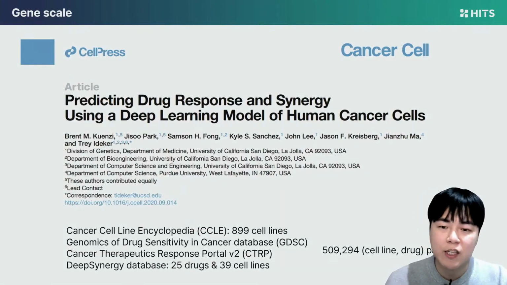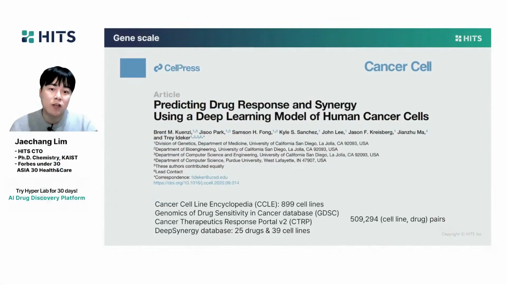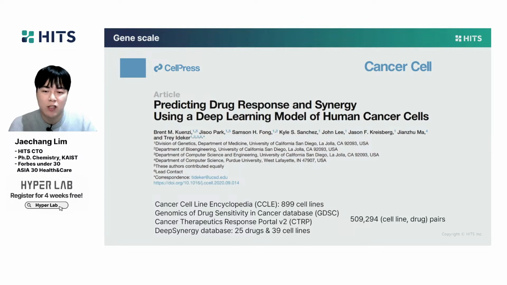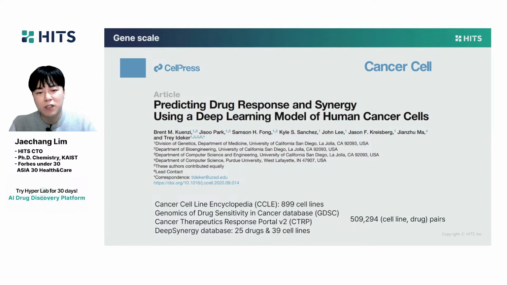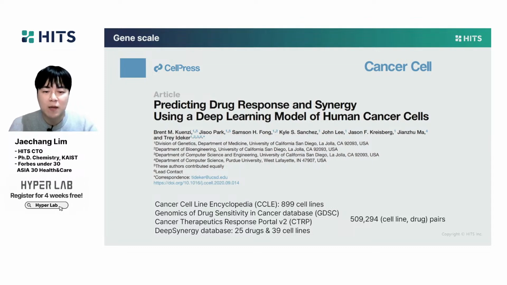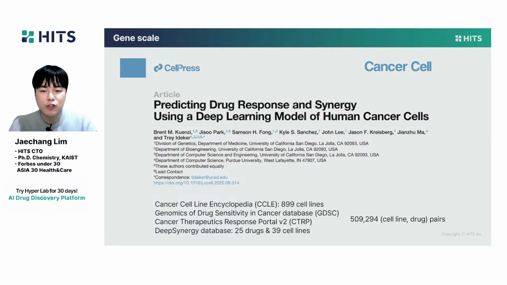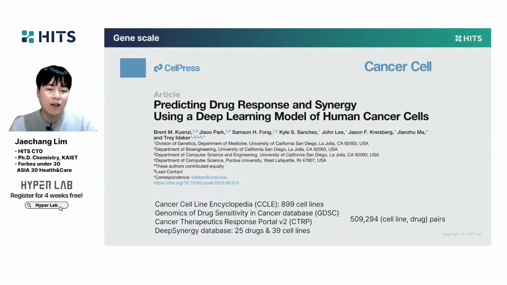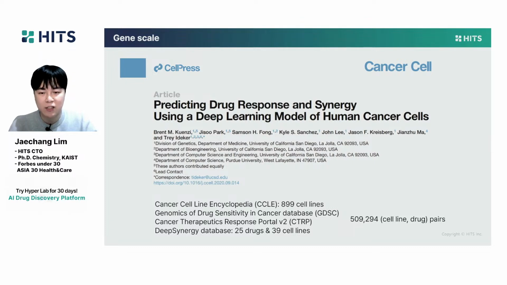So we've already experienced success at the molecular level, and we can further expand to the more complex gene level or cell level. I'd like to emphasize that it's a very early stage of the research. One example, a paper introduced in Cancer Cell in 2020, used gene ontology and drug response data to apply AI to predict drug responses and the synergies in human cancer cells.